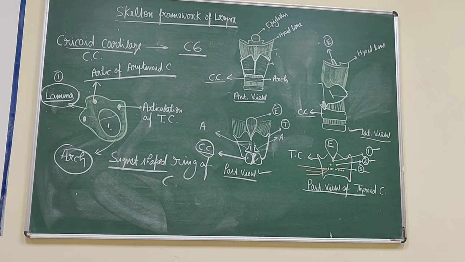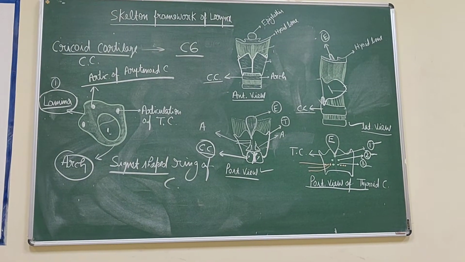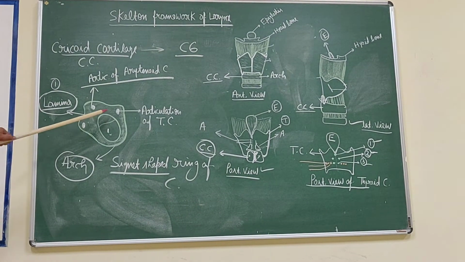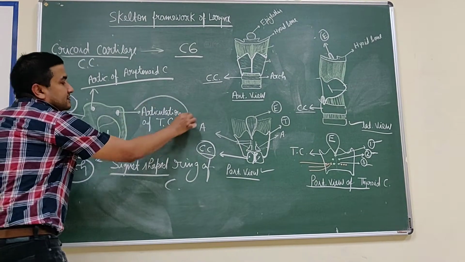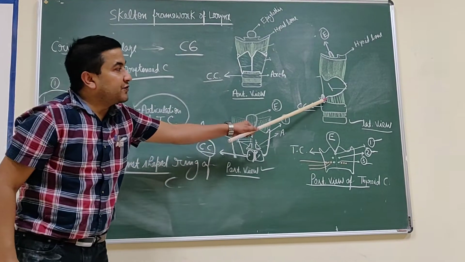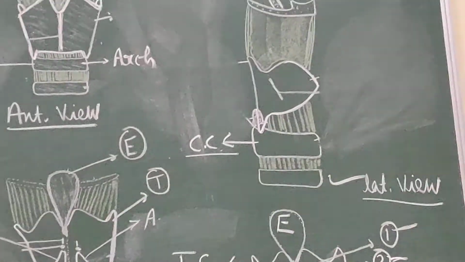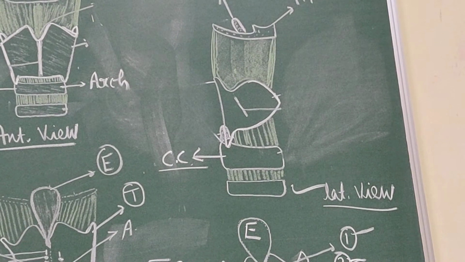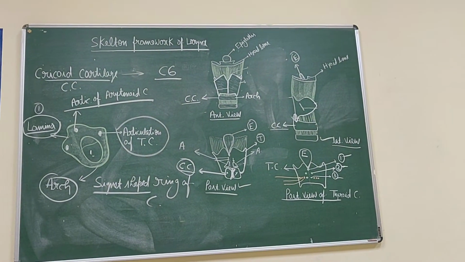It forms a synovial joint, the cricoarytenoid joint. While on both lateral sides, it articulates with the inferior horn of the thyroid cartilage, that is the cricothyroid joint. It is an example of a synovial joint.